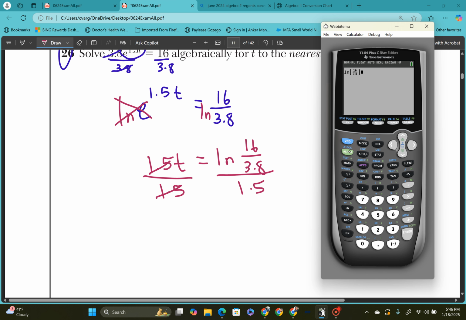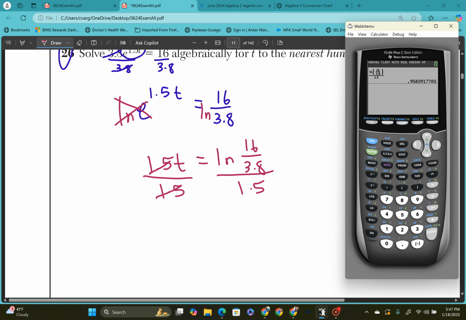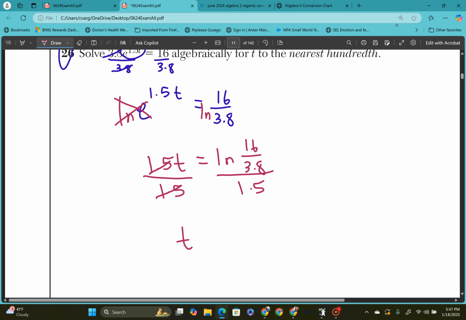And then I'm going to alpha y equals this again, and divide this by 1.5. And so my answer is going to be about 0.96, and it says rounded to the nearest hundredths place. So our t is about 0.96, and that's my other 2 points right there.